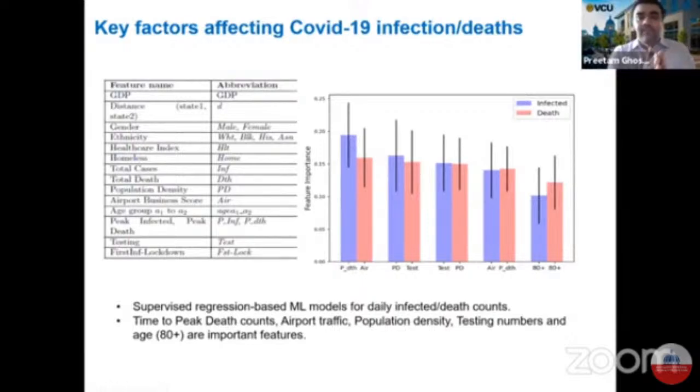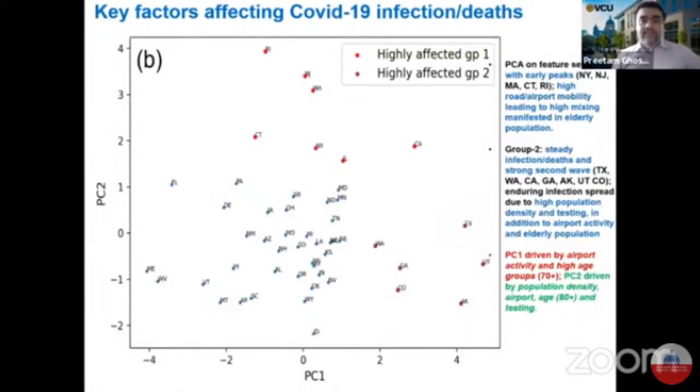For this specific example, we divided up the data set into the pre-lockdown level and the post-lockdown level, right? And based on that division, we considered for each of these parameters how they were affecting the post-lockdown infection and death counts. So air traffic became important, testing rates became important, PD, the population density, was important, and then high age was also an important factor towards predicting these infection and death counts.